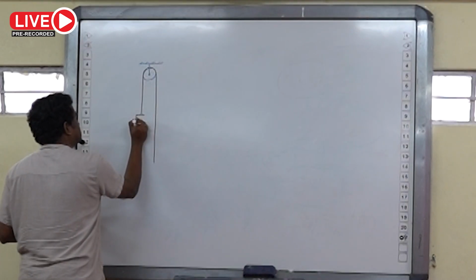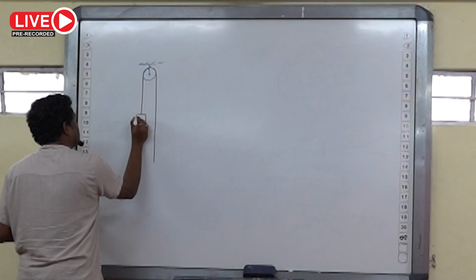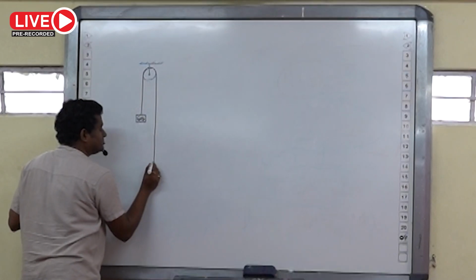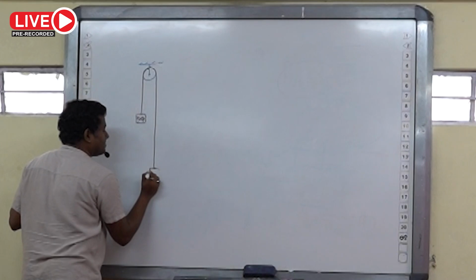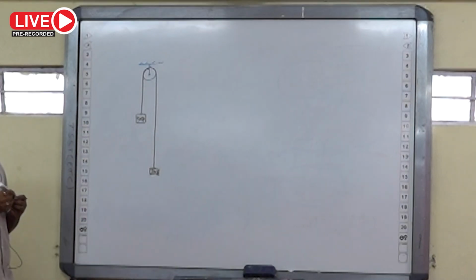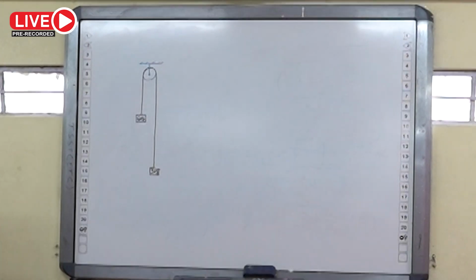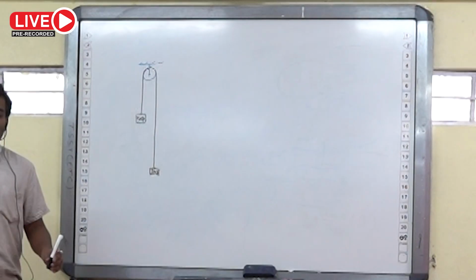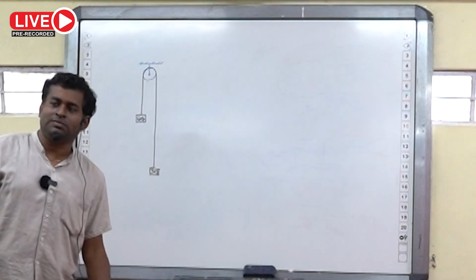There is a mass of 5 kg and another mass of 3 kg. The string is inextensible. Find the acceleration of the masses.